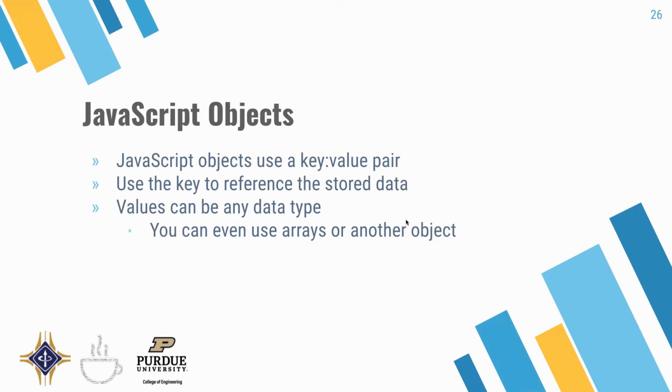Okay, so now getting more into actual JavaScript objects, which I mentioned before. They use key-value pairs. Think of these like a dictionary, for example. You have the key being a word, and then the value being its definition. So if you had any word, like house, next to it would be the definition of a house.